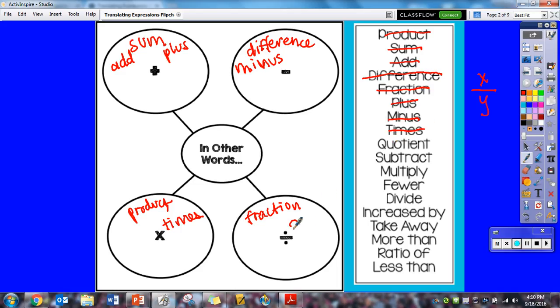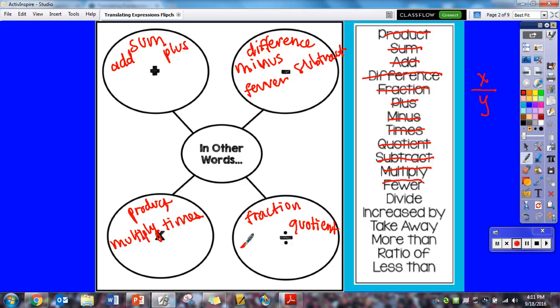Quotient is the answer we get when we divide two things. Subtract, we use, obviously, subtraction. Multiply, we're using multiplication. Fewer, we're going to use subtraction for that, and we'll talk a little bit more about that in class, but fewer means you're taking something away, okay?